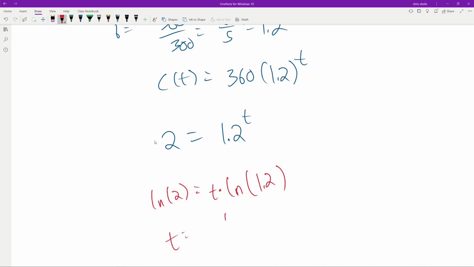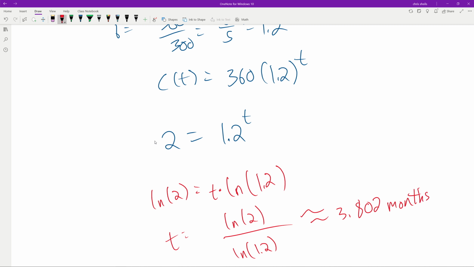This gives me that t is natural log of 2 divided by natural log of 1.2, which is about 3.802 months for the number of cancer cells to double.